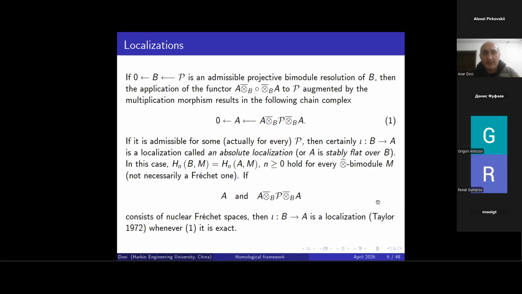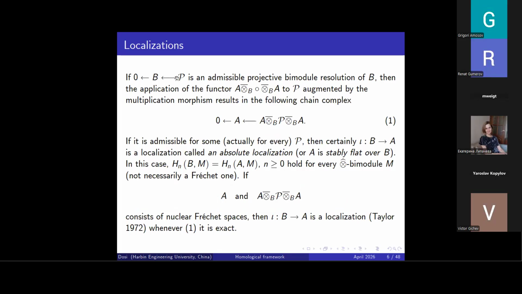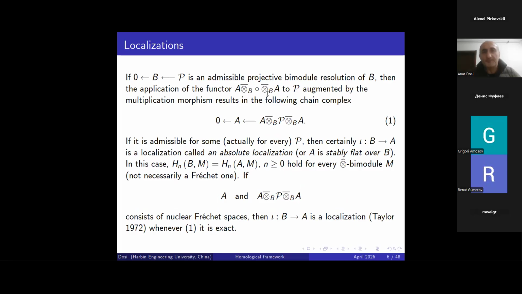So, practically, what do we have to do to test this property? We can take some admissible bimodule resolution of B, and then apply this functor, tensoring from the left and right, and attach the multiplication map here.